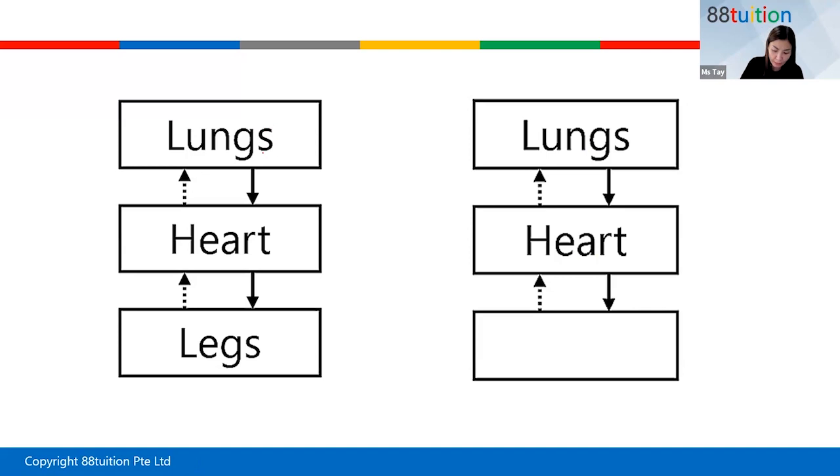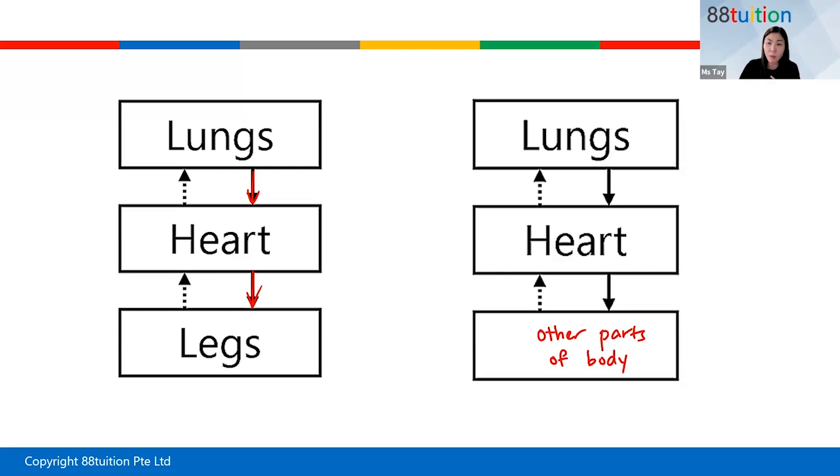So we know that blood flows from the lungs, which carry a lot of oxygen, to the heart. The heart then pumps the blood, rich in oxygen, to other parts of the body. In this question, you see legs, so we can write down other parts of the body rather than just legs, because it can be the hand, thighs, shoulder, anywhere.